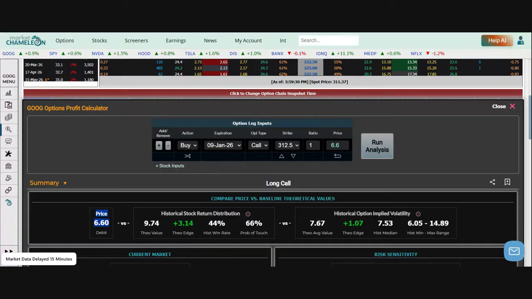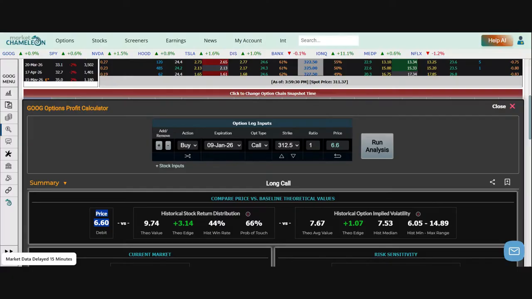What if we used a different methodology? The options themselves could be priced differently than what the stock moves. The option prices and the stock movements are not always priced the same way.